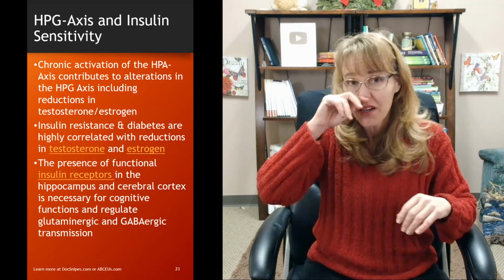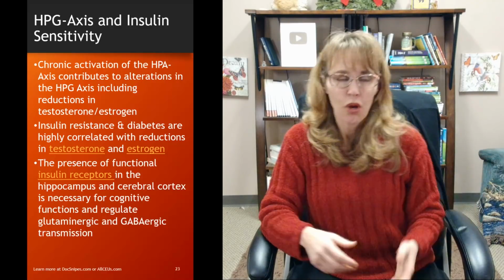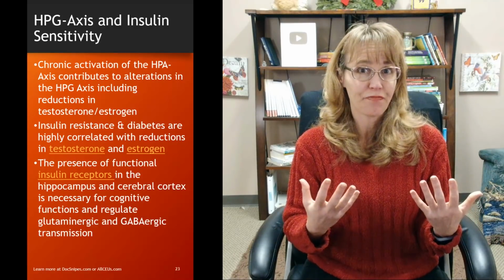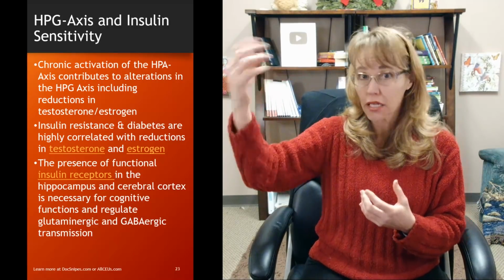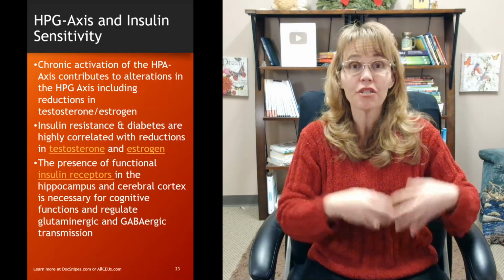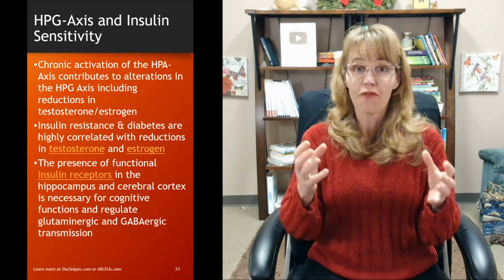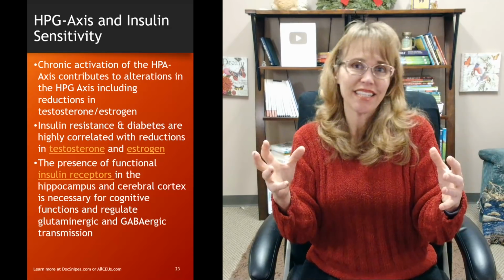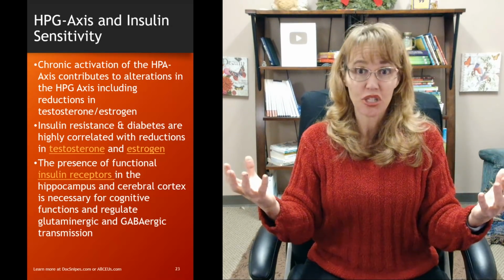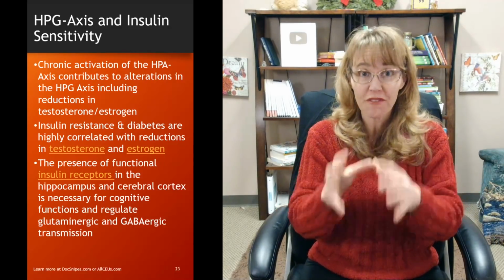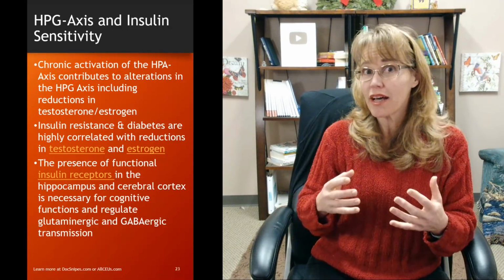Who knew? Well, let's think about it a little bit. When the HPA-axis is activated, it releases cortisol and glutamate, and it triggers the liver to release blood glucose. You need energy for the fight or flight response. So if your body is constantly under a state of stress and constantly releasing glucose for the fight or flight response, then guess what?